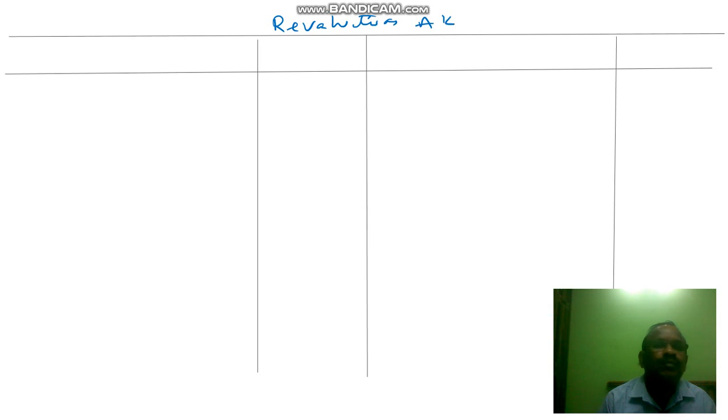Next is revaluation account. So here now we are preparing the revaluation account, particulars, total rupees, particulars, total rupees. So here two items are there.